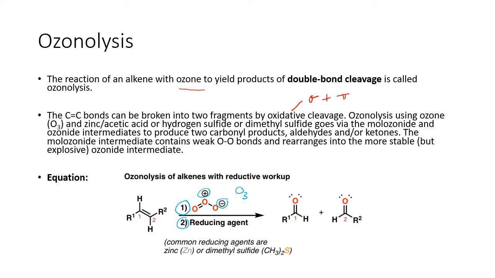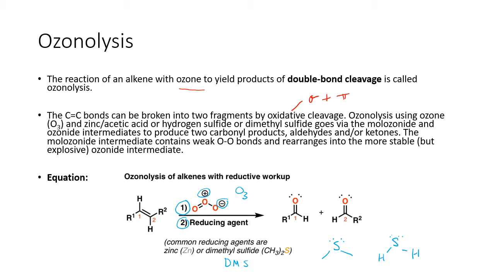Some common reducing agents that you could see are dimethyl sulfide, which is abbreviated DMS. That is a sulfur with two methyl groups coming off of it. The sulfur has two lone pairs of electrons like oxygen would. You could also see H2S, which looks like DMS, only there are two hydrogens bonded to the sulfur.